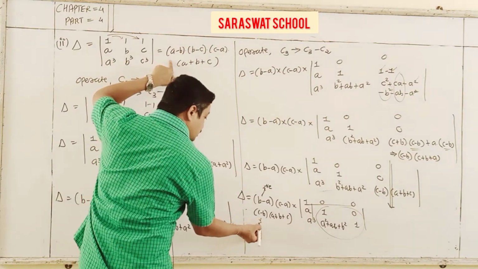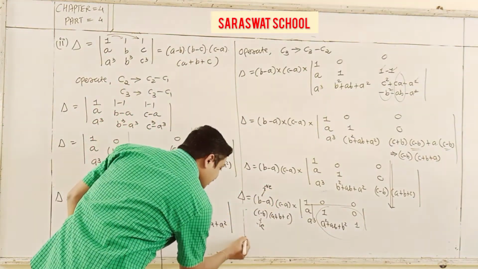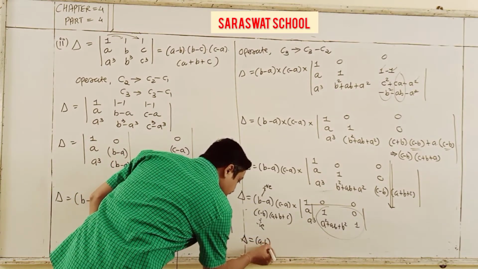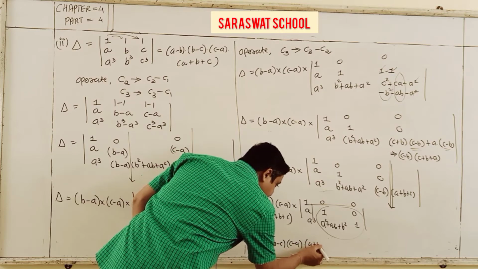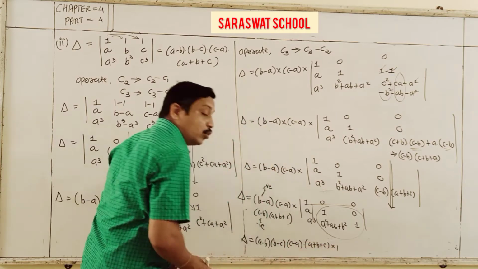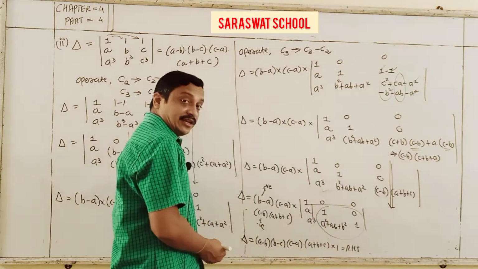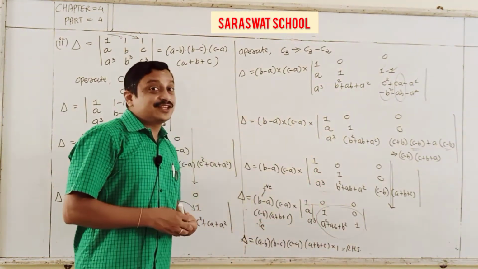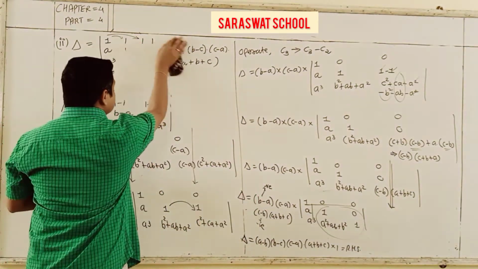Here also students, minus common outside, b minus c, c minus a as it is. It means it's done. Del is equal to a minus b, b minus c, c minus a, b plus c into 1, and that's my RHS. So finally students, this 3 marks question is done here. Now moving towards the 9th one.